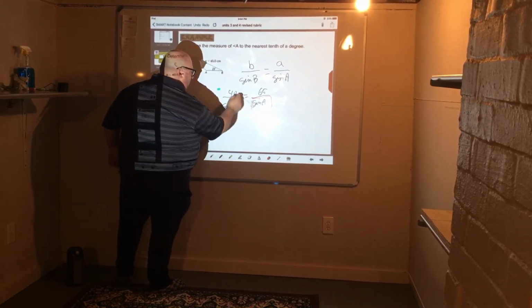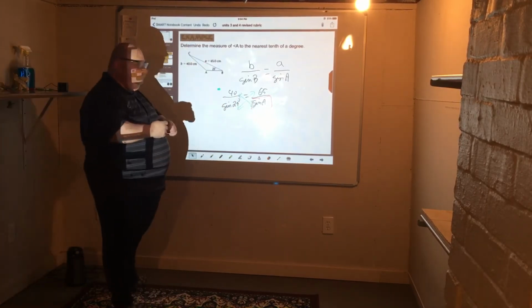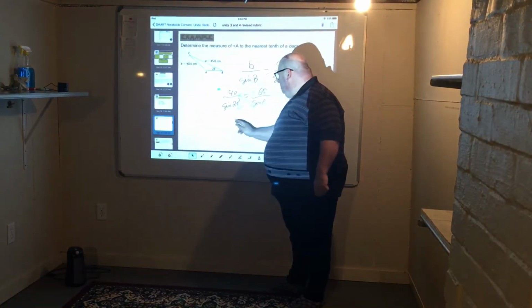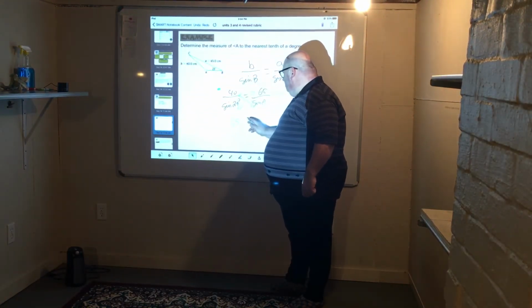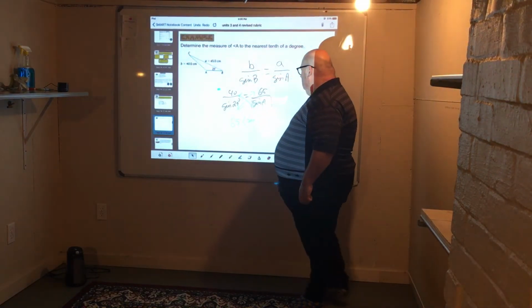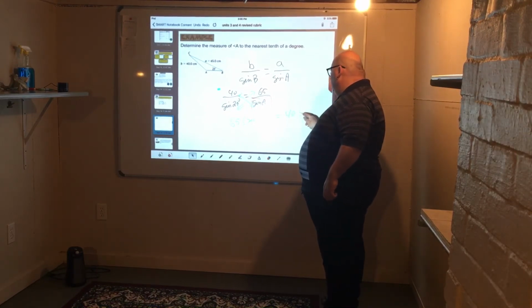So these two things are going together, and these two things are going to go together here. Right? So what we have then is 65 times the sine of 23, and this will equal 40 times the sine of A.